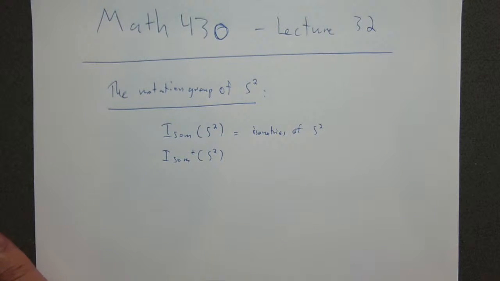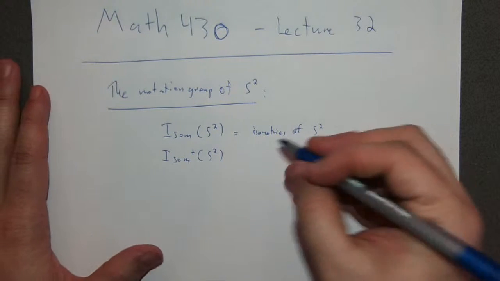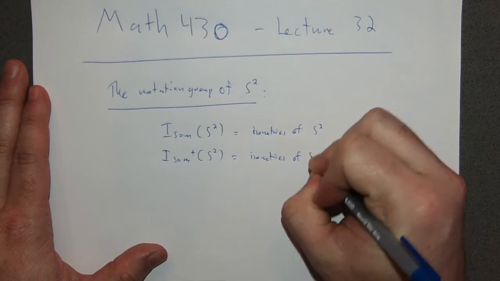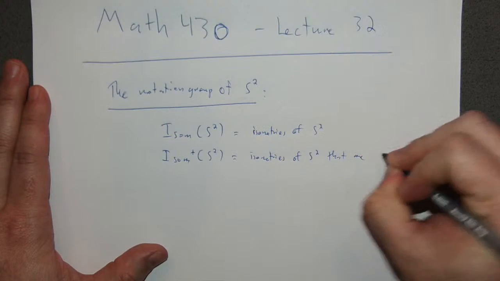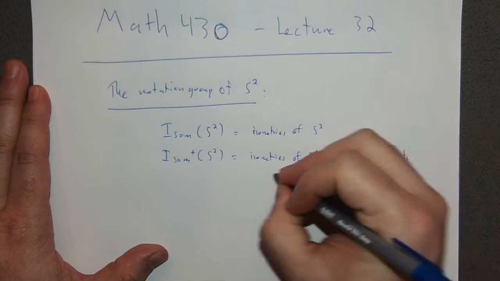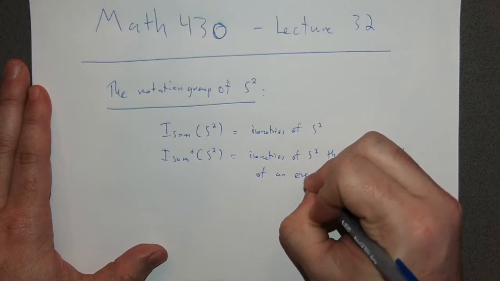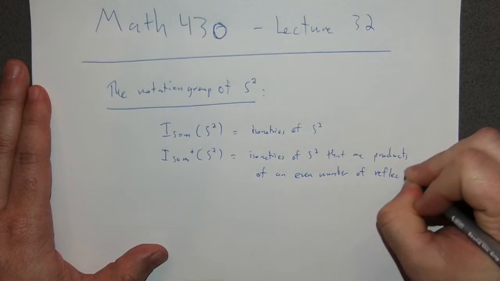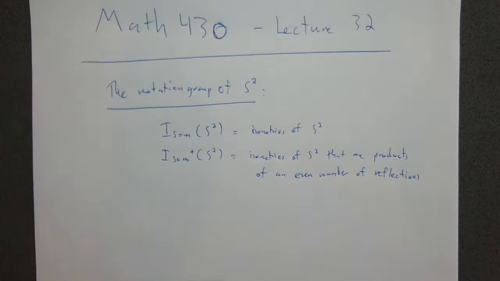This is actually the isometries of S2 that are products of an even number of reflections. Recall from last time that the sphere had a 3 reflections theorem in the same way that R2 did, so that any isometry of the sphere was a product of 3 reflections in the way that we talked about previously.